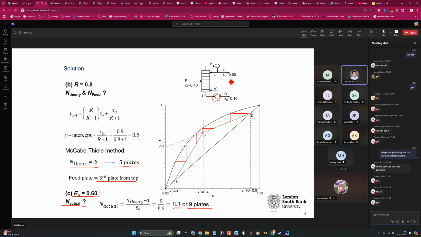That is to achieve 90% concentration in the distillate and 10% of the bottoms composition.